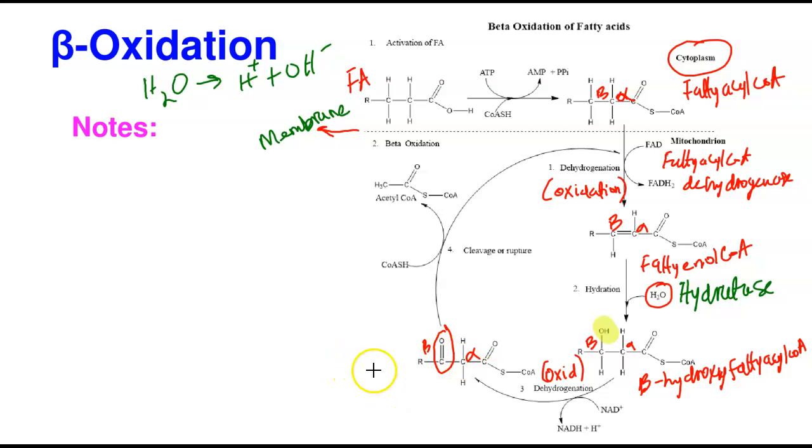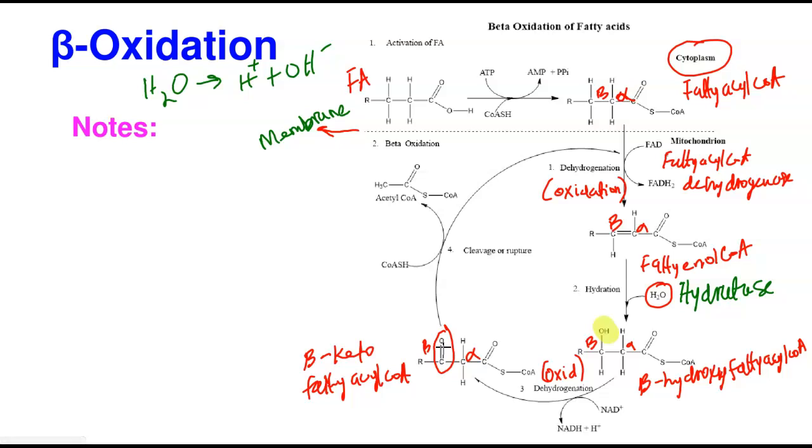We now call it beta keto fatty acyl-CoA. Call it beta keto acyl-CoA, because the carbonyl carbon is located on the beta carbon.